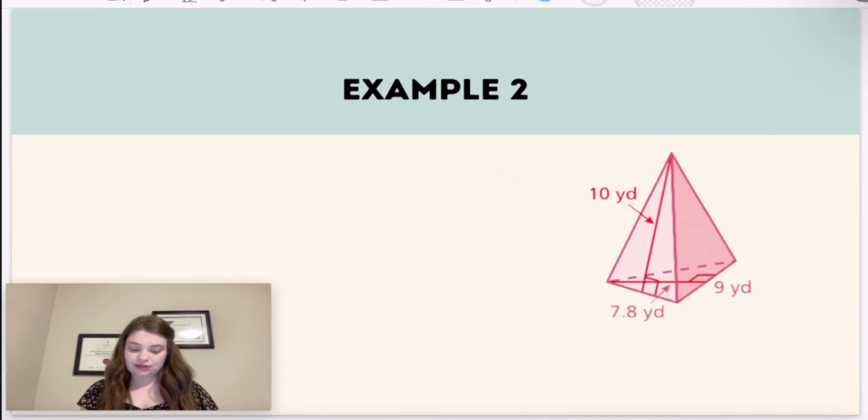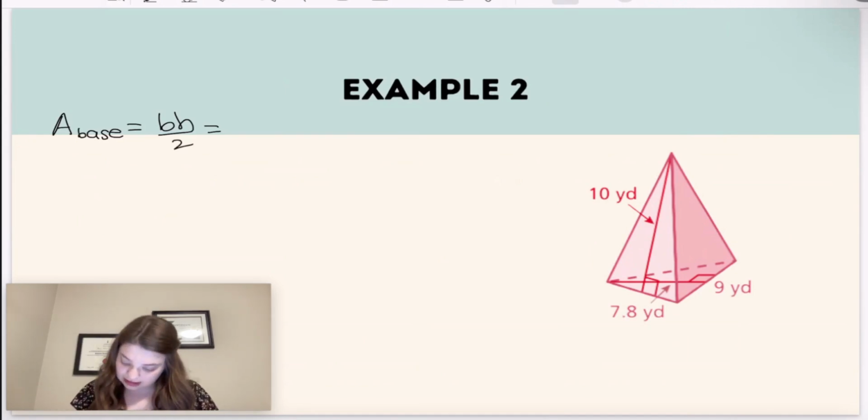All right, so let's first find the area of the base. That is going to be base times height divided by 2, because it's a triangle base. Now, what are the base and height specifically of the base? Well, that's going to be 9 for the base. And then the height of this base is this distance here at 7.8 yards.